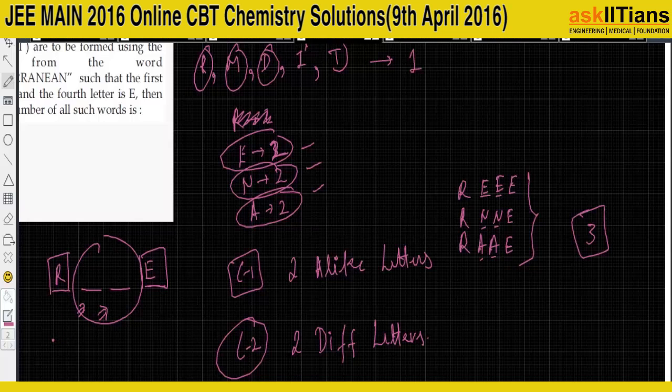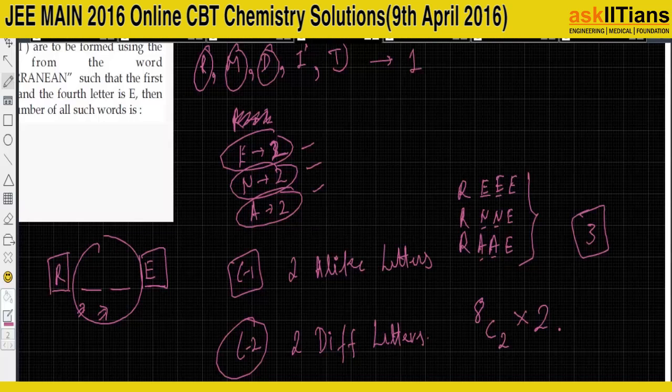So the total number of words formed by filling these two spaces with different letters is: first select any two letters out of these 8 letters and multiply by 2, because we have to arrange them also. If I select R and M, one option is to fill them as RM and the other as MR, so I get two different words.